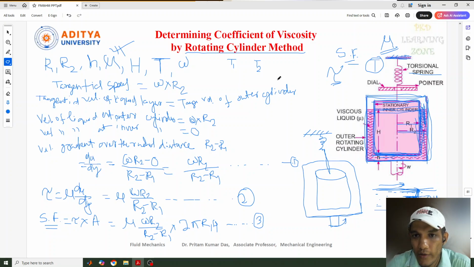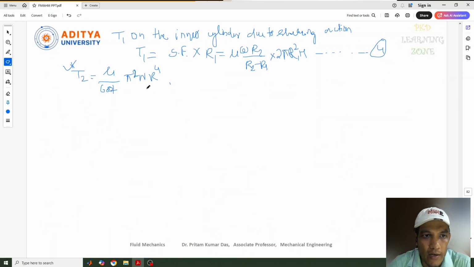Because I told you in the starting, the torque which is applied on the inner cylinder is going to be equal and opposite to the torque of the outer one. Okay, so that's why the torque applied on the inner cylinder can be considered T2, given by this equation. Already we have done this previously, so directly I have taken that equation.